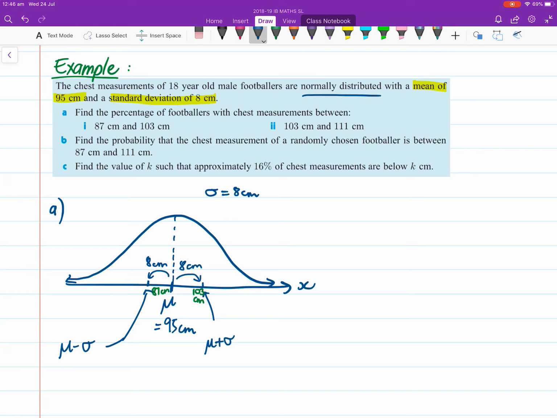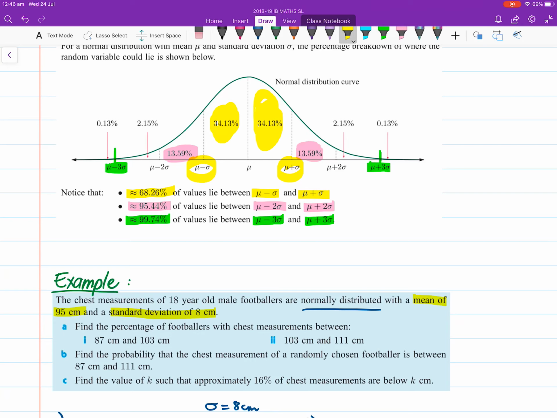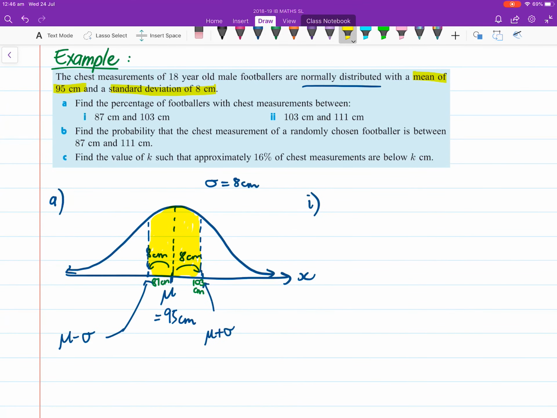That works out well because question 1 asked what percentage of footballers have chest measurements between 87 and 103. You can see it is that first chunk around the mean, which was about 68%, or if we want to be exact, 68.26.